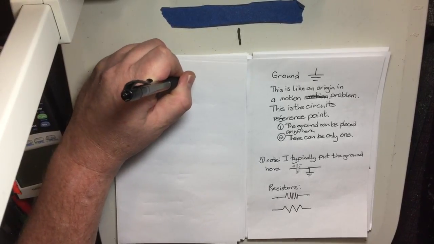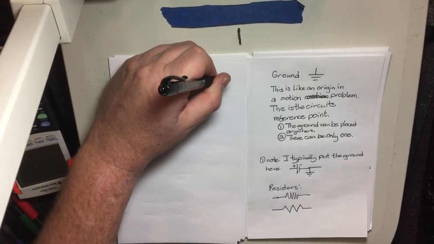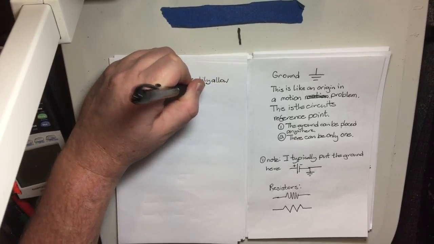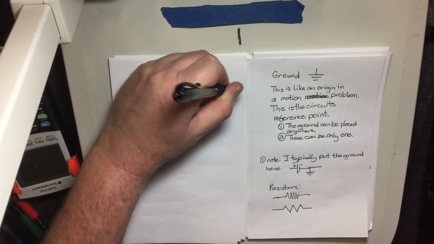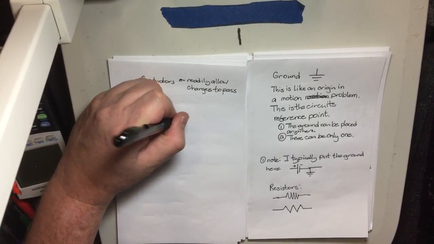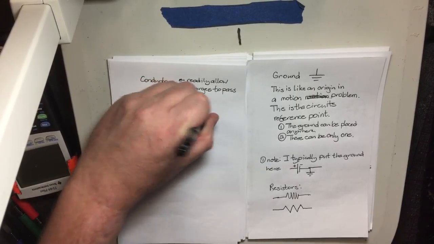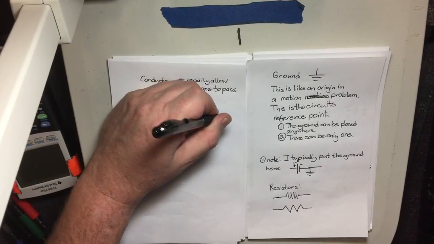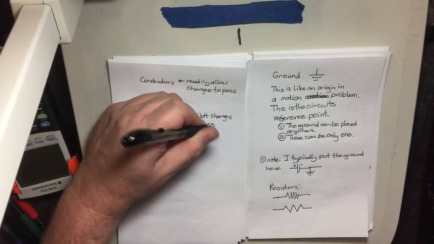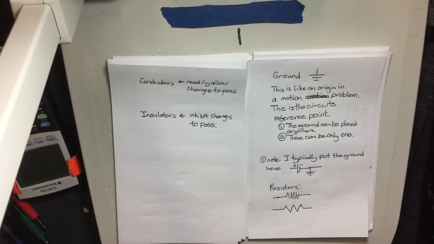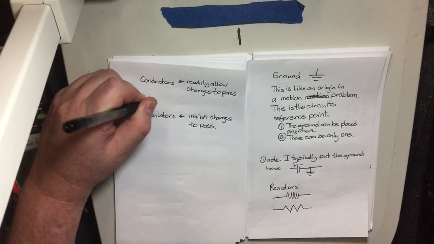Conductors readily allow charges to pass. Insulators inhibit charges to pass. And most of the charges that we're talking about are electrons, the negative charges. Resistors fall in between.